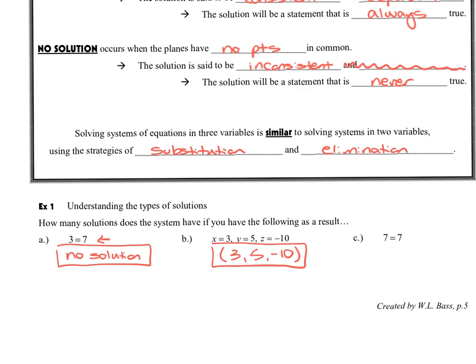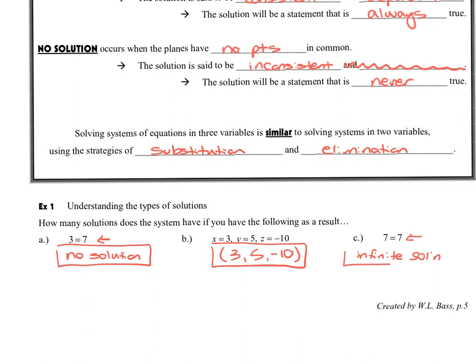The last scenario, of course, is where, again, all the variables drop out, but the statement that you end up with is always true. It could be 7 is 7, or 0 is 0, or 5 is 5, but it's something that perfectly equals itself, and that would be our situation of an infinite number of solutions, meaning an infinite number of points.